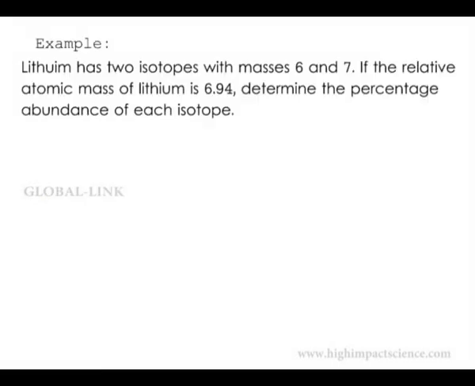An example: lithium has two isotopes with mass numbers 6 and 7. If the relative atomic mass of lithium is 6.94, determine the percentage abundance of each isotope. Solution: total abundance is equal to 100%.